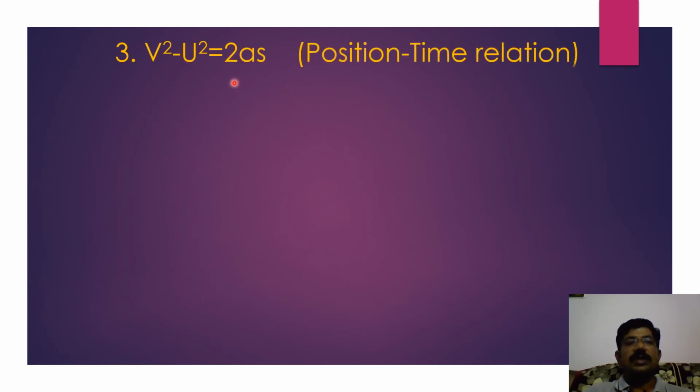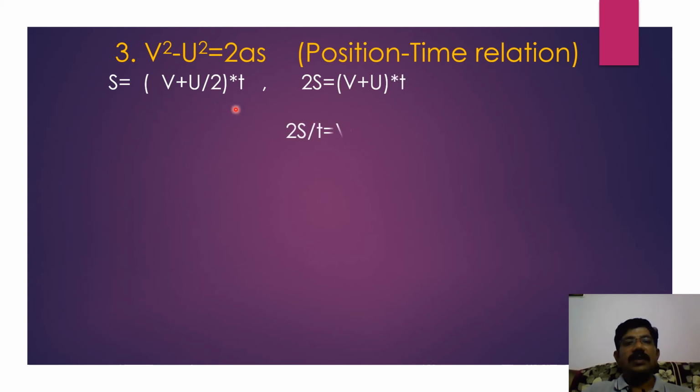Let us derive the last equation, that is the third equation of motion, v square minus u square is equal to 2as. It gives the relationship between position and time. We know that displacement is equal to average velocity into time.